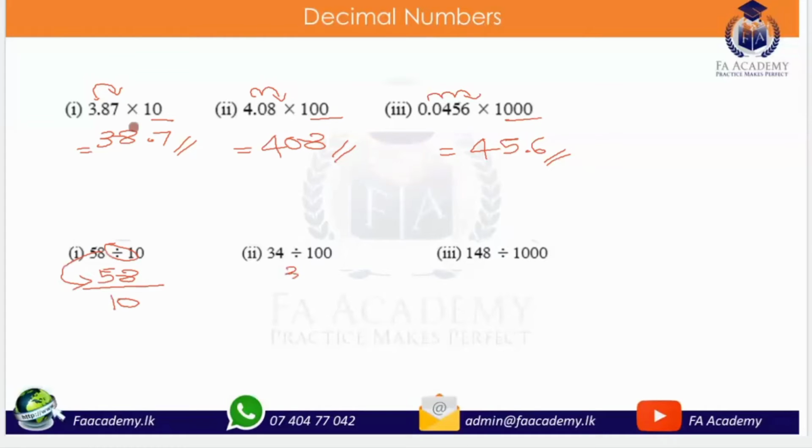So here I'm writing 34 divided by 100, and this one 148 divided by 1000. Okay. Now it's easy for you to move the decimal place. You know the decimal place is always at the end of the number. Then you can move once. Why do you move once? Because you know there's only 1 zero.